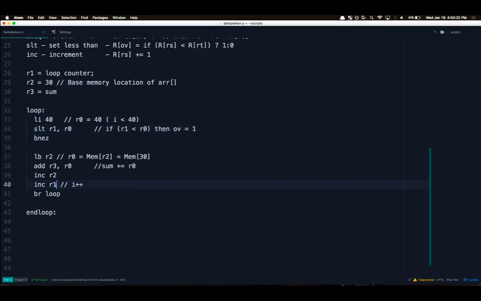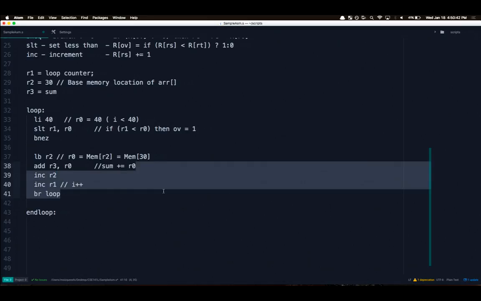Yeah, so when you come back here, we don't care what R0 is. We don't care about the value of R0 after this line. We don't care what happens to it. Exactly, yeah. Because you're going to be running that instruction in code anyways by doing it this way.